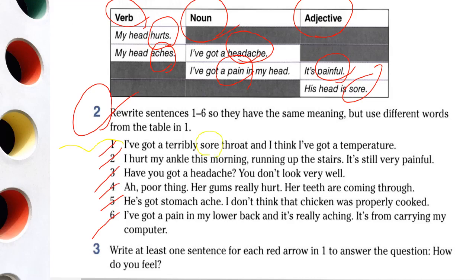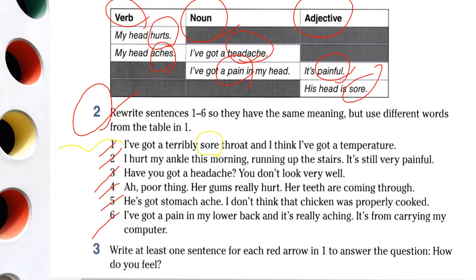We have here sore. Sore is one of the verbs or adjectives. It can be used in two ways which express pain. So I have got a terribly sore throat. It can be used in another way, by which we can put sore in a sentence but as a verb.